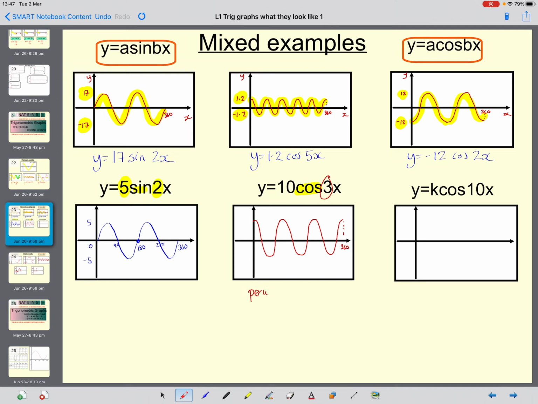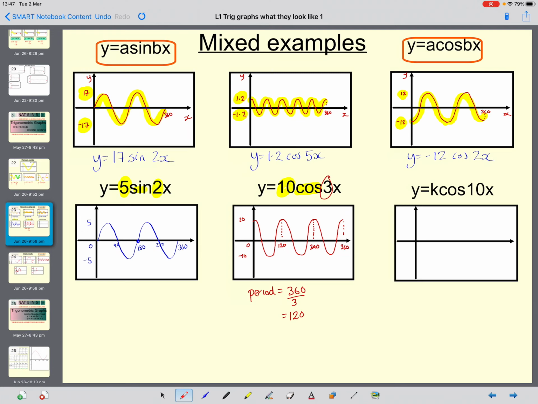To find the period of one of the cycles, you do 360 divided by 3, which is 120. So at the end of that first cycle, that's 120. At the end of that second cos curve, it's going to be 240, and then it goes to 360, that's obviously 0. And then the amplitude at the beginning is 10, so we're going to go up to 10 and down to -10.